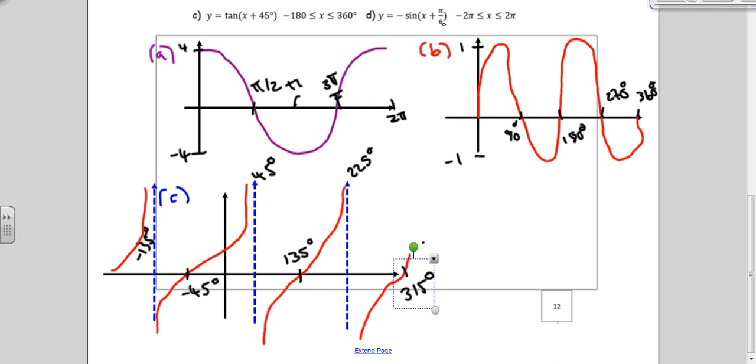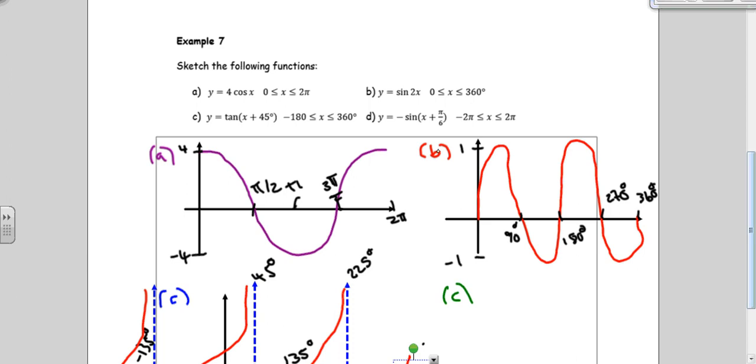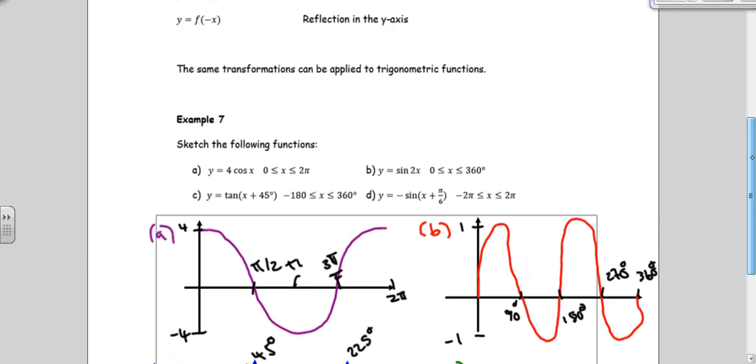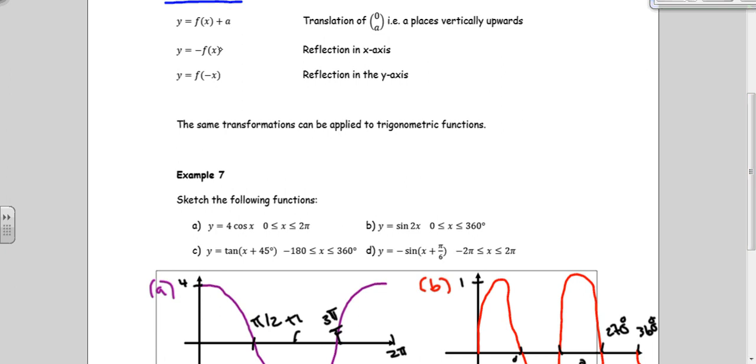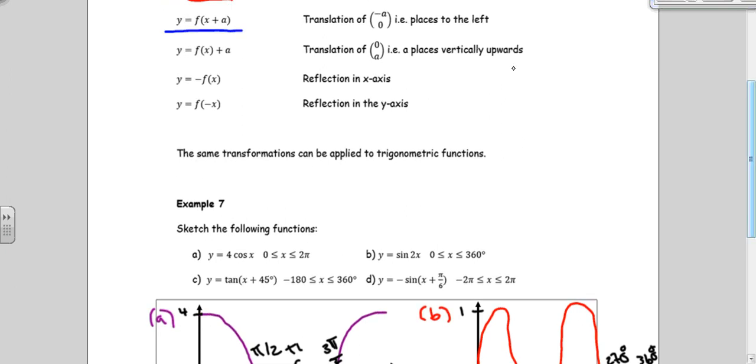So now, moving on to part D, we're asked to draw minus sine of x plus pi over 6. So this time we have a translation of minus a over 0, which means that we're moving to the left, but also we have y equals minus f of x, which is a reflection in the x-axis.